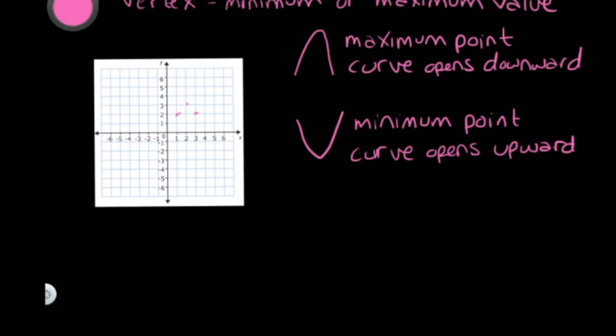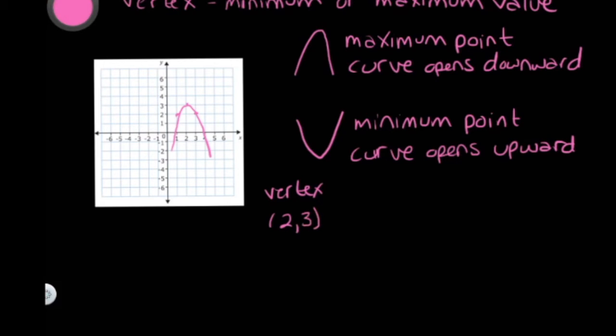Okay, so if I have a parabola that looks like this, my vertex is at 2 and 3.